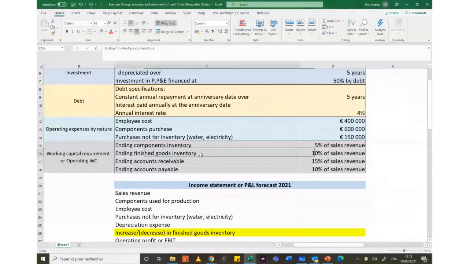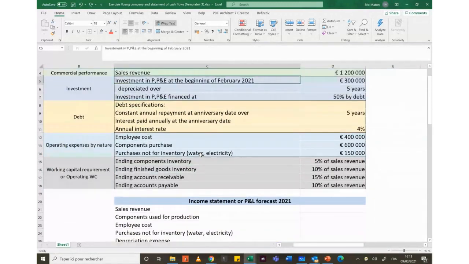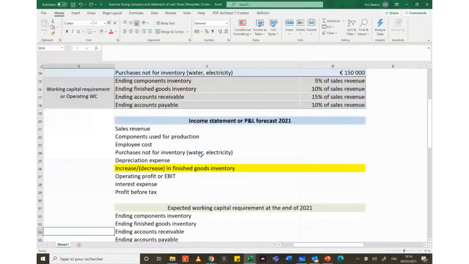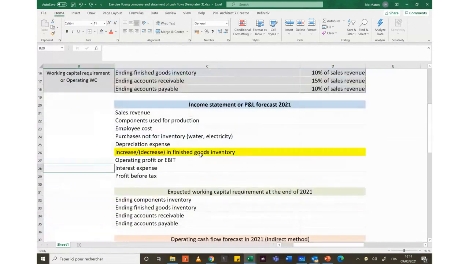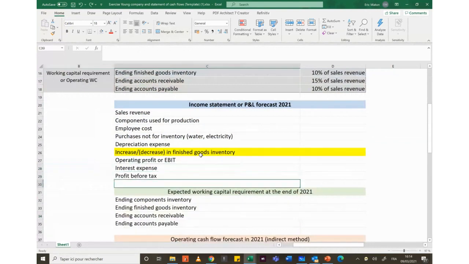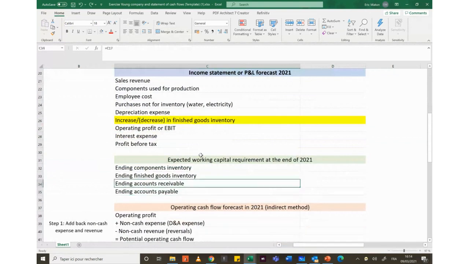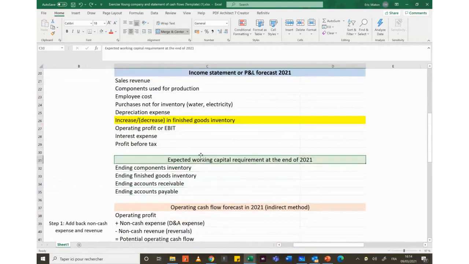So from all this information about the operating activities, investing activity, and the financing activity, so here investing activity, here financing activity, you have to complete the P&L, profit before tax. You have to calculate the ending working capital at the end of the year 2021.